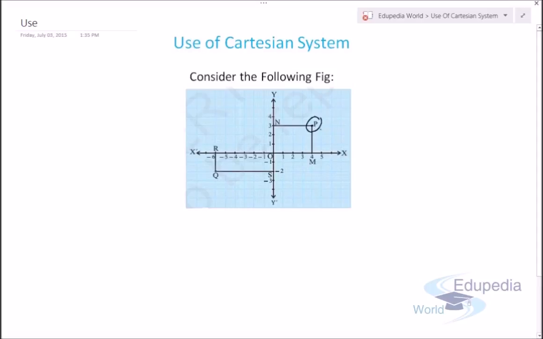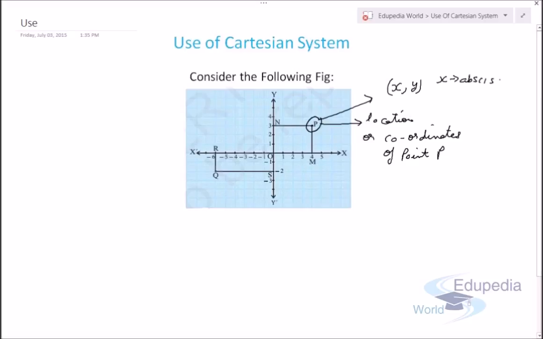First of all, we'll try to find the location, or coordinates, of point P. Any point on a Cartesian system is always represented in the form of x and y, where x represents the abscissa and y represents the ordinate.